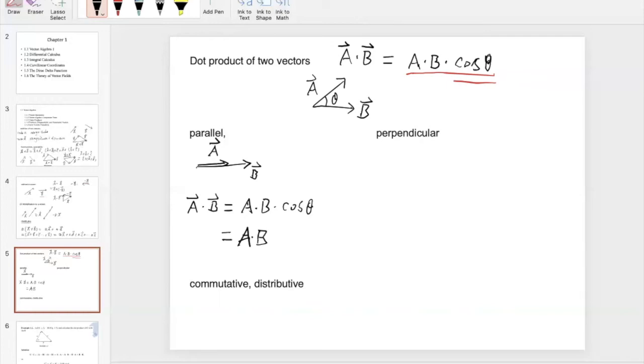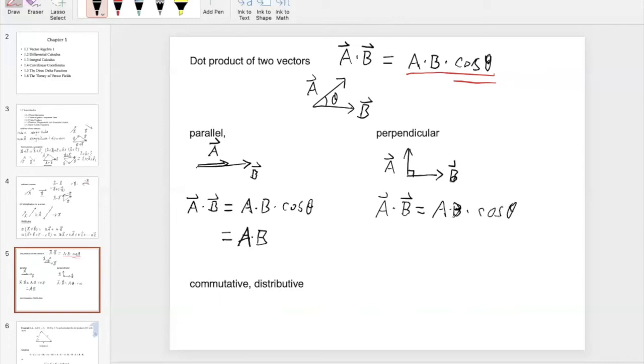Now let's see another situation, which is perpendicular. Let's say this is a vector A, this is a vector B. If they are perpendicular, theta equals 90 degrees, then A dot product B equals, again, the magnitude of A times the magnitude of B times cosine theta.